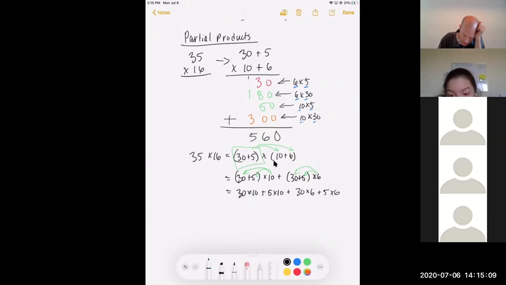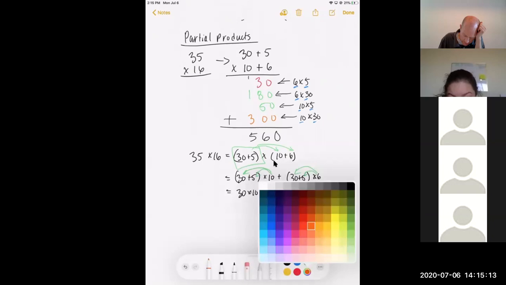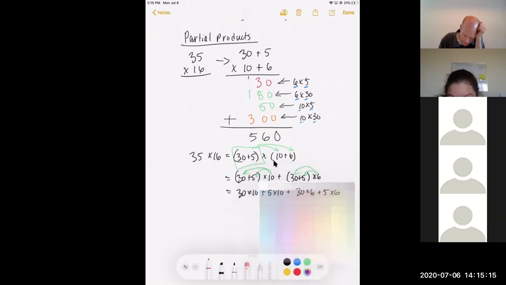So notice that these are the exact partial products from our partial products via the vertical way.